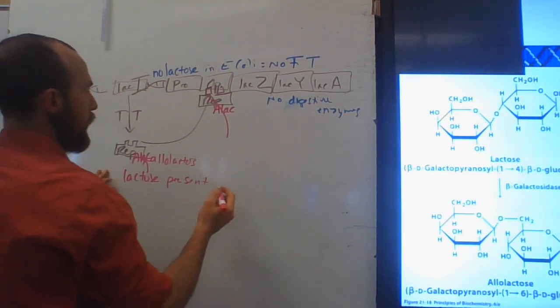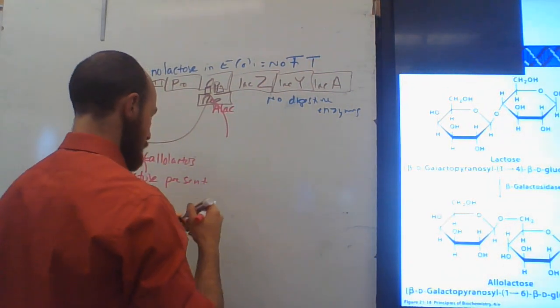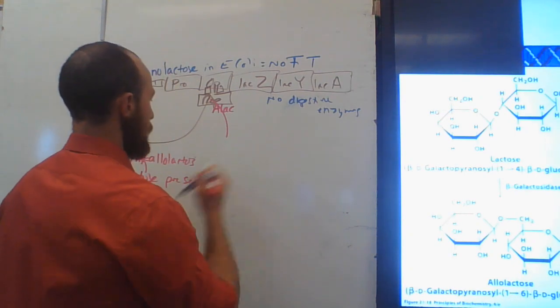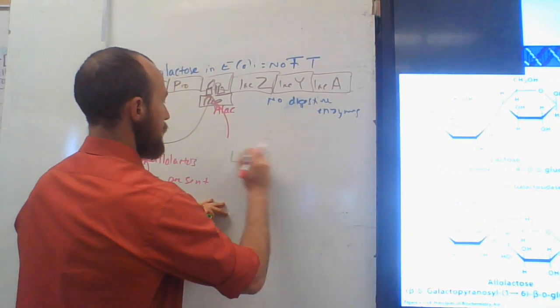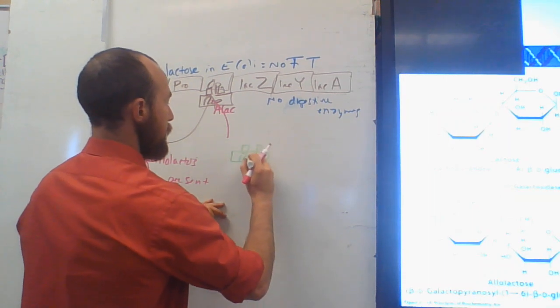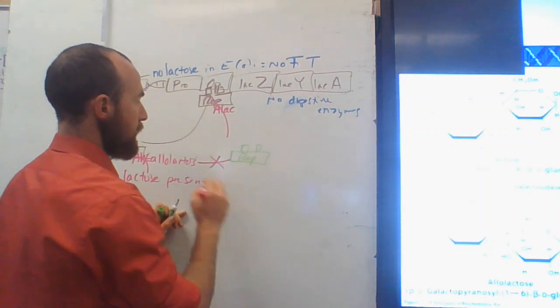Okay? The way that we typically draw this is that if you have your repressor, which we could have done in a different color, your repressor in here, allolactose is going to inhibit the repressor.